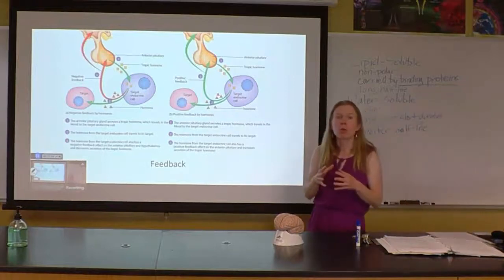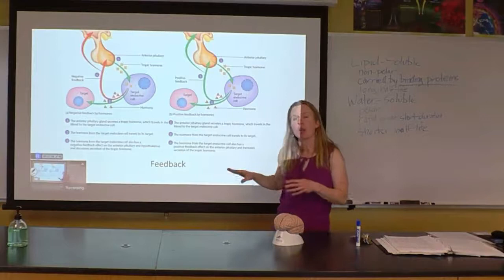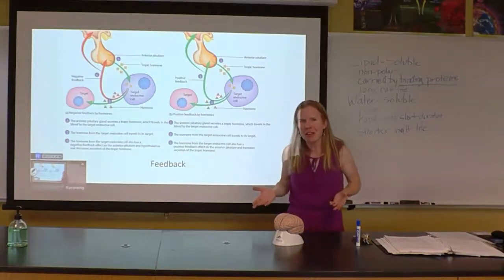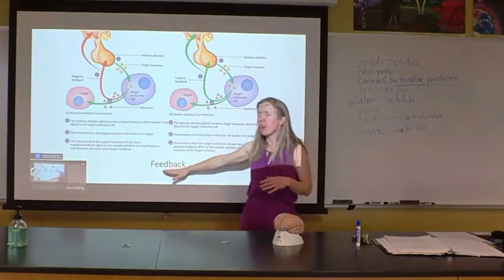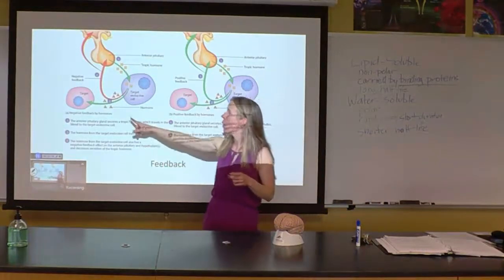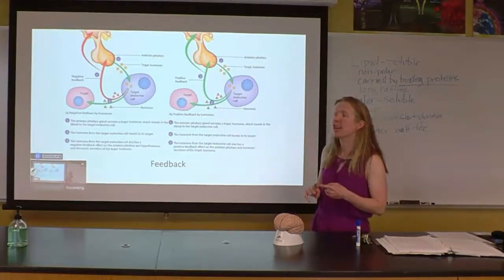Okay, when we're talking about the endocrine system and how it's set up, it works like pretty much everything in the body, right? We're trying to maintain homeostasis. And so as far as feedback mechanisms go, I will say that almost all of the endocrine system works on negative feedback.